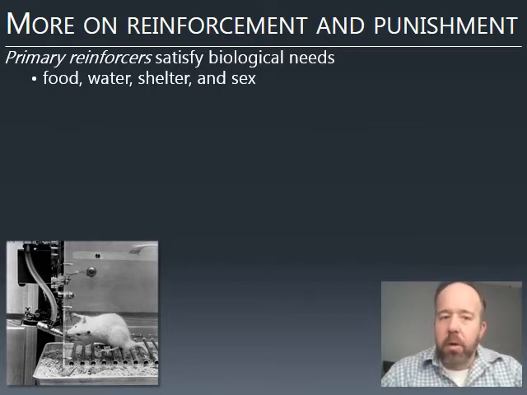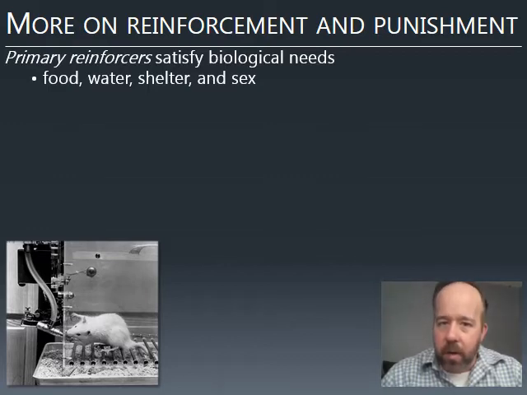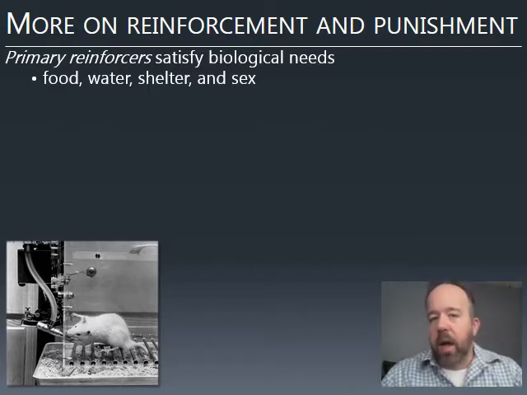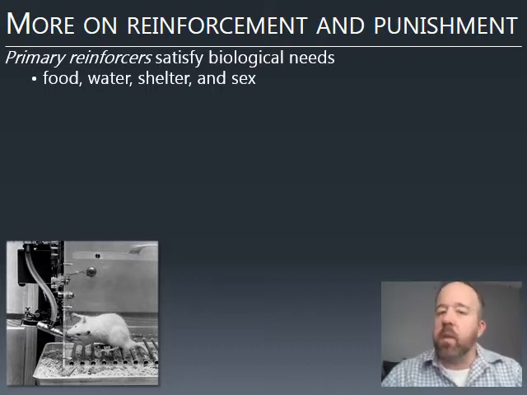And of course, you'll notice that these are stimuli or events that have biological drives that correspond to them. Animals will automatically seek these things out. They don't need to learn to do so. Just like Pavlov's dog automatically salivated in response to the food. That's an innate biological response. It doesn't need to be learned or trained.